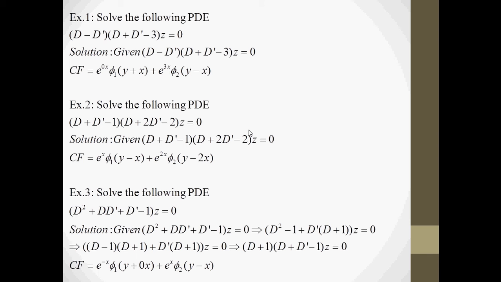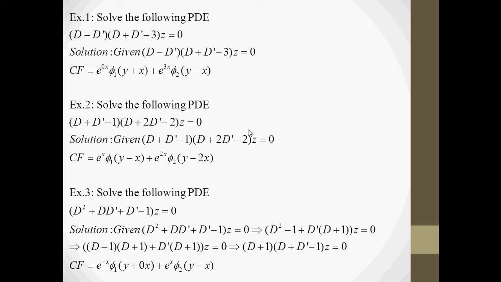In the second bracket (D + 2D' - 2), the constant value is 2, so e^(2x), and the coefficient of D' is +2. It means the value of m is -2. The complementary function for this bracket is e^(2x) φ2(y - 2x).